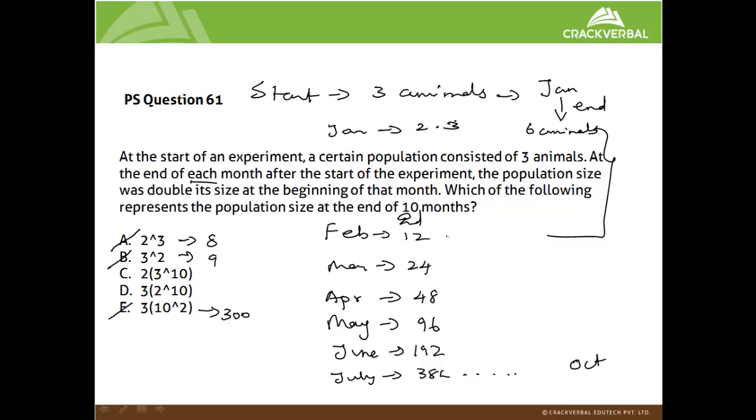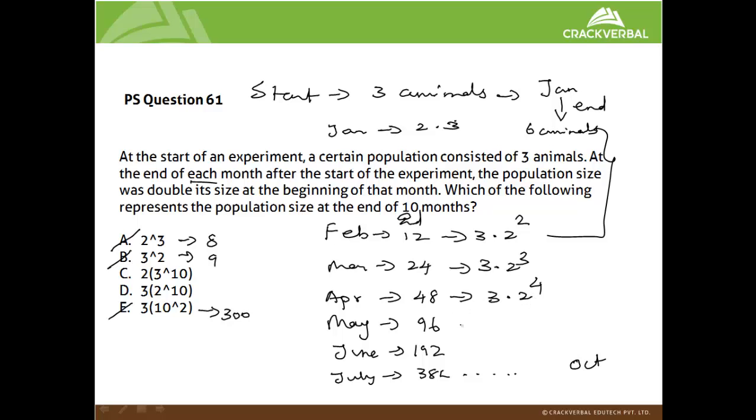By February it got doubled, which means only a 2 gets multiplied, not 3, so the 3 remains the same and you have 3 into 2 square. Now March got doubled, so another 2 is multiplied, that is 3 into 2 cube. April is 3 into 2 power 4, because doubling March means 3 into 2 power 3 into 2, which is 2 power 4.